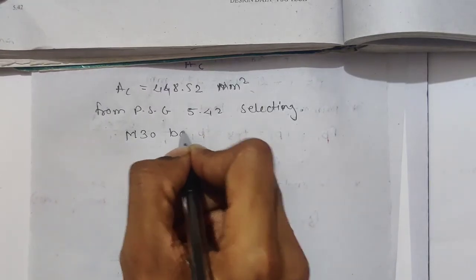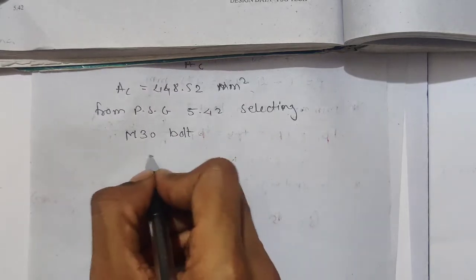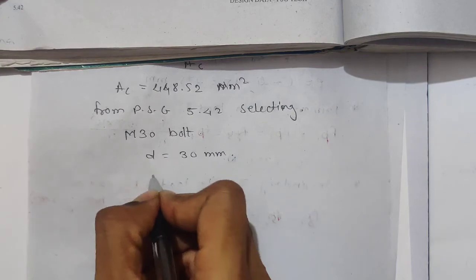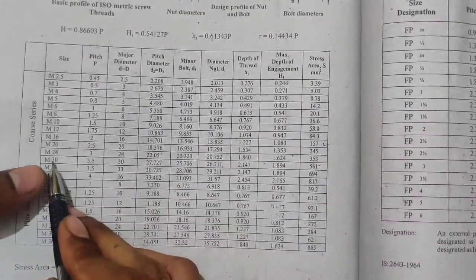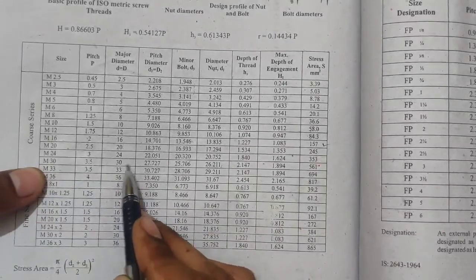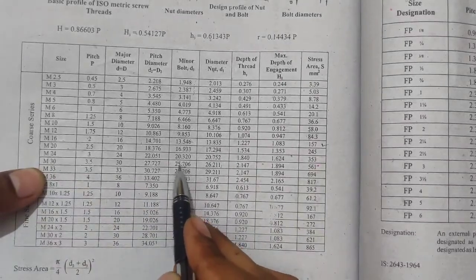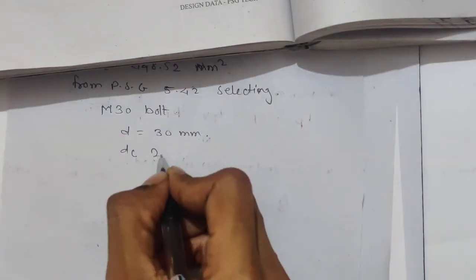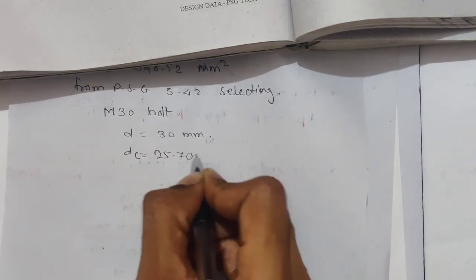Now what is D? That is 30 mm, which represents the outside diameter. This column represents the minor diameter, that is DC, 25.706.